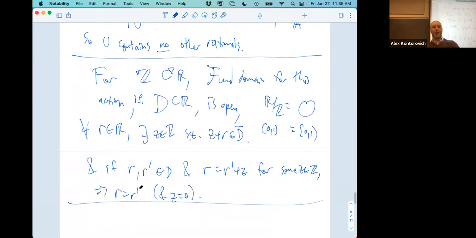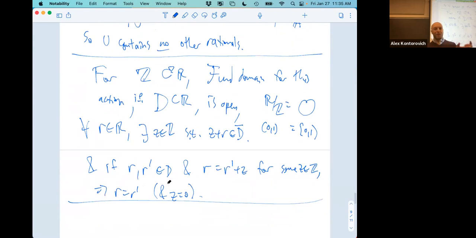So I want it to be unique: every element in the quotient has a representative in D, and that representative is unique. These are the two conditions.